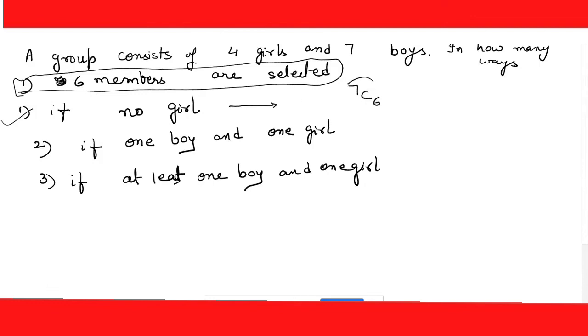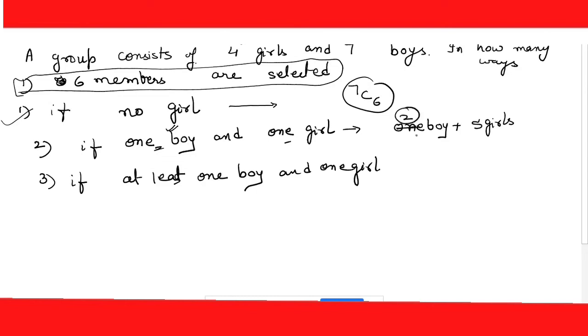Now, one boy, one girl. Listen, if I take one boy, then five girls, which is not possible because we have only four girls. So we have to take two boys.